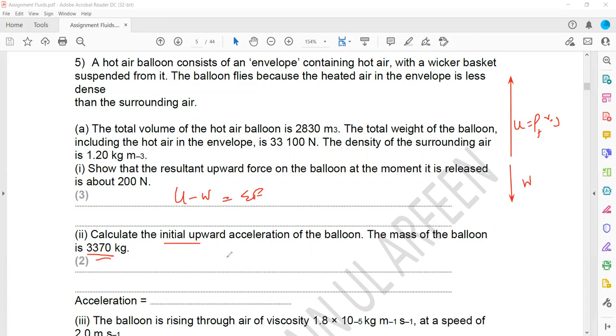So after getting the resultant force, F is equal to ma. So the resultant force is equal to mass multiplied by acceleration. Using the weight we find the mass, and the resultant force, upthrust minus weight, will give us the acceleration of this hot air balloon.